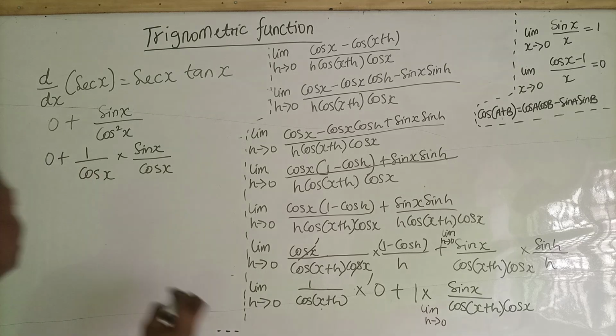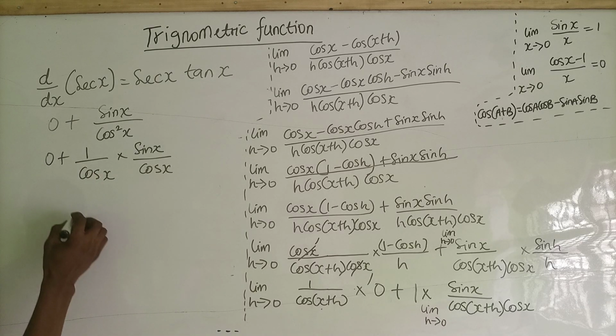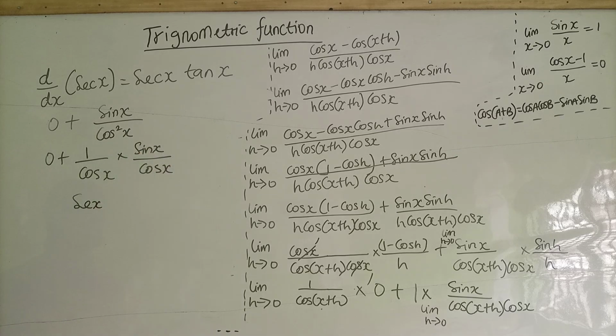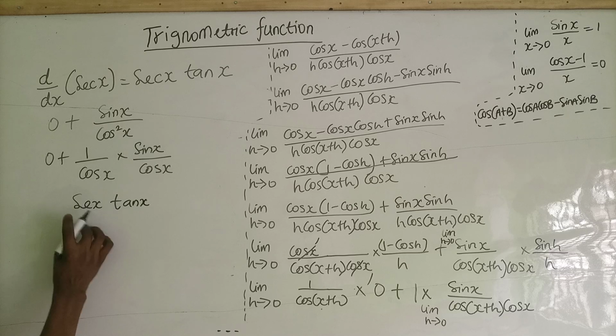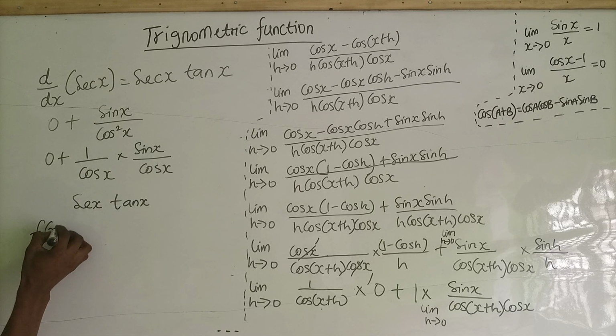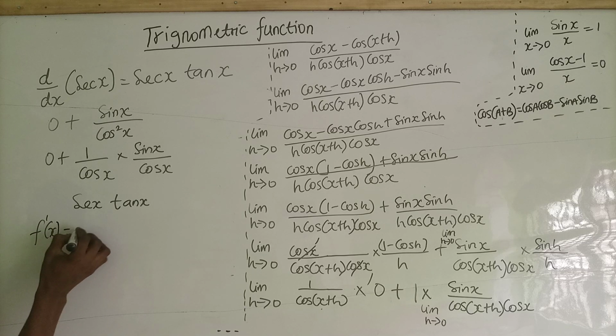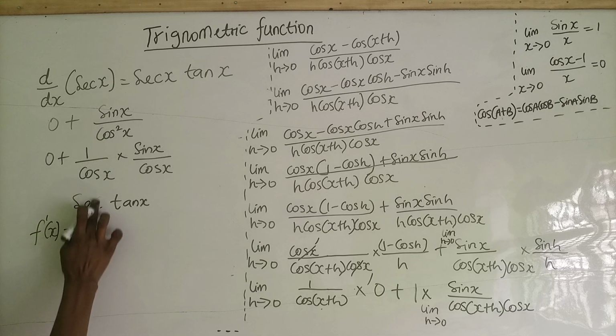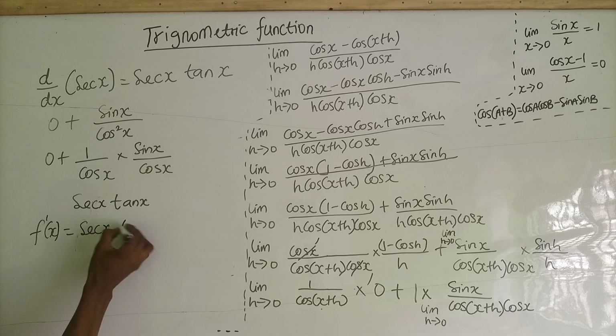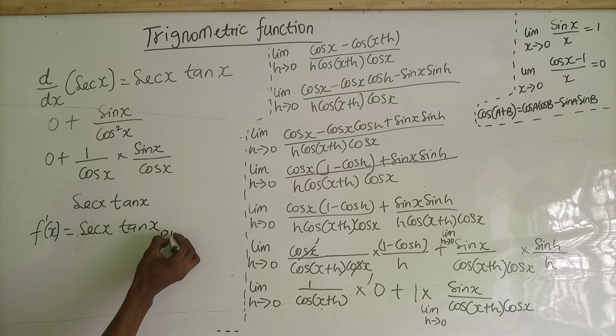Remember, 1 over cos x is what? Sec. So we have sec x. Sin x over cos x is what? Tan x. So we have sec x times tan x. So the f prime of x is equal to sec x tan x. Proved.